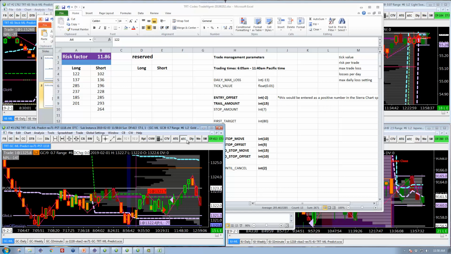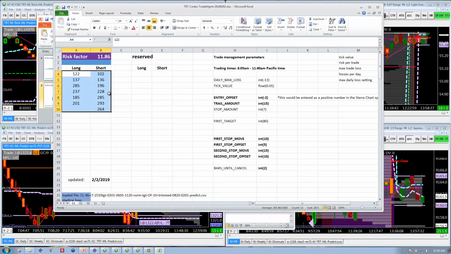Further things on the horizon, I'd like to take what we're doing here and apply it to the 6E during the overnight session. So that's on my list of things to consider. I like the rigor in the process that we have, and so we're basically running a new experiment here in February.